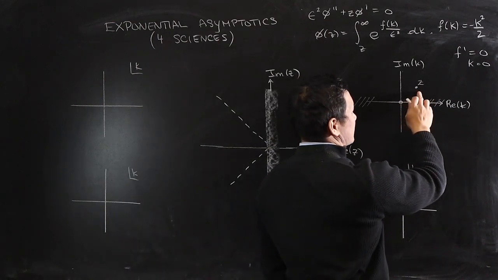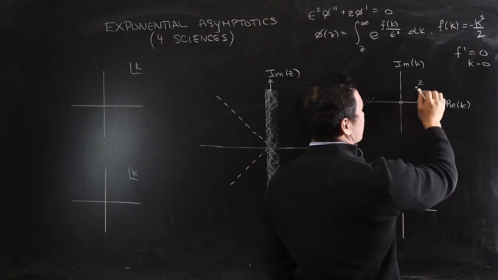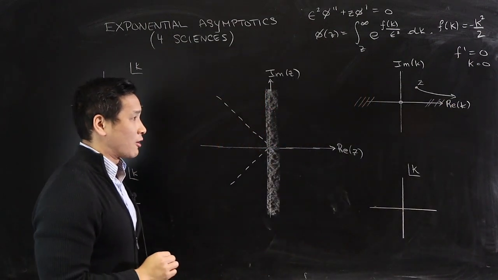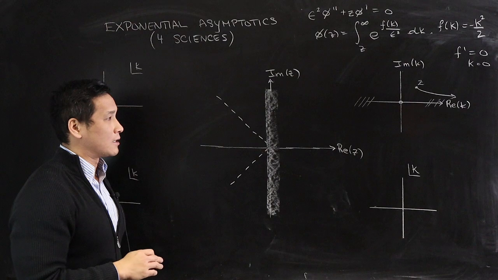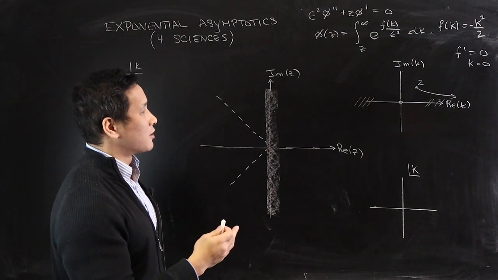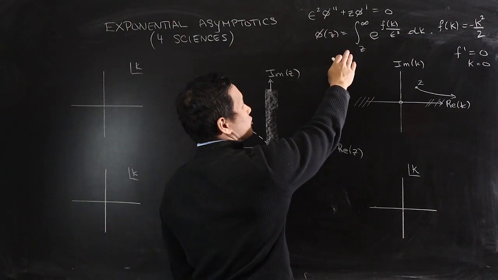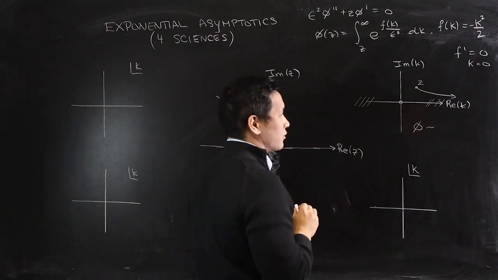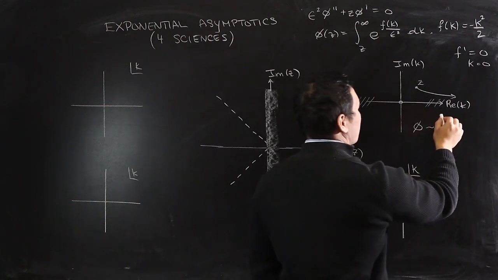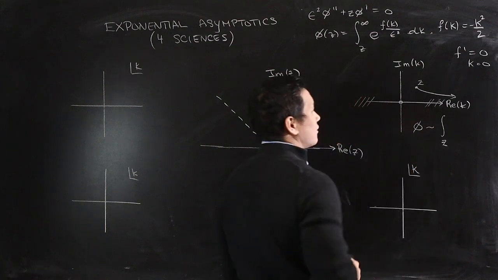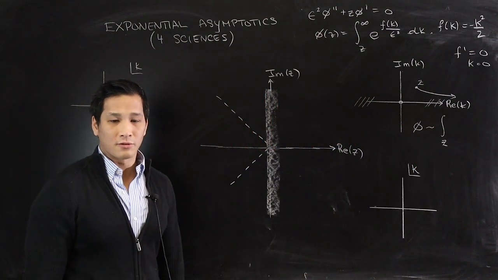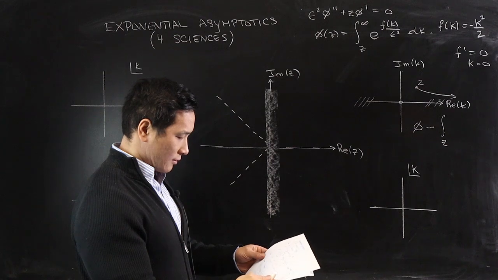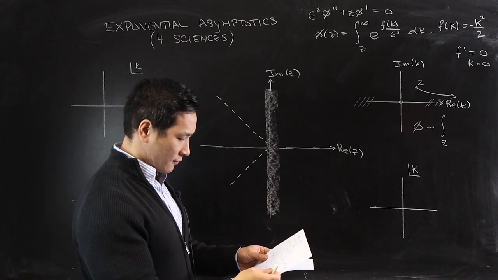For a point z that lies in this first quadrant, you just have to follow a path like a hyperbola towards positive infinity, and in that case you would derive the dominant contribution of this integral. It would tell you that phi twiddles the integral about the endpoint.